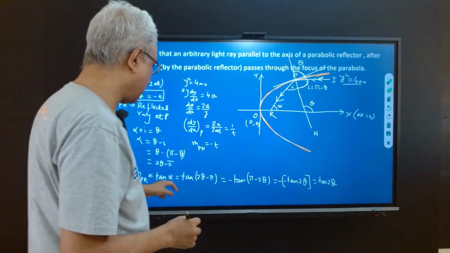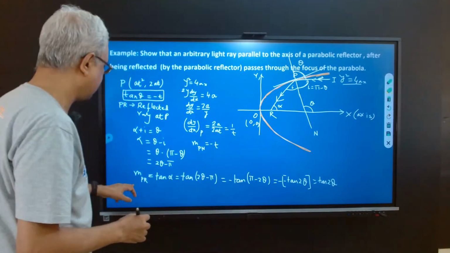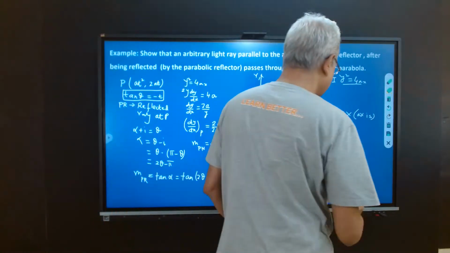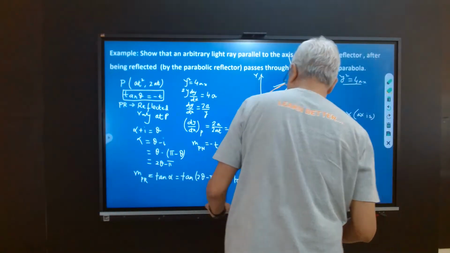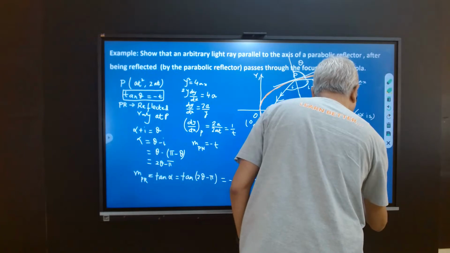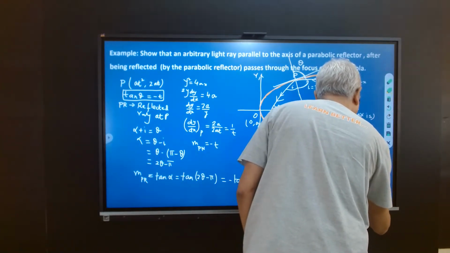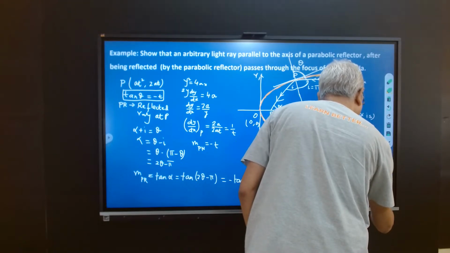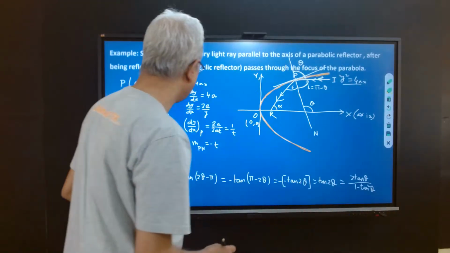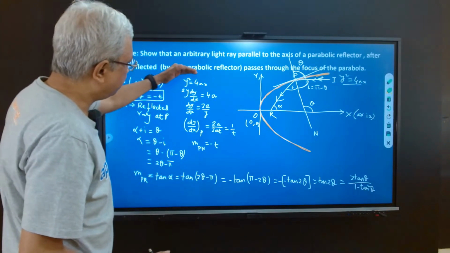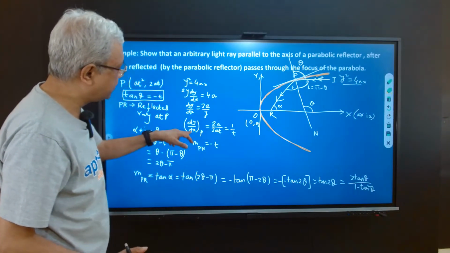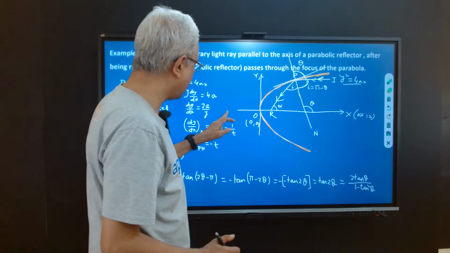And tan alpha, MPR, is actually tan 2 theta. Tan 2 theta is what? 2 tan theta by 1 minus tan square theta. So what we did, from the given equation we calculated dy/dx at the point P, which is 1 by t.